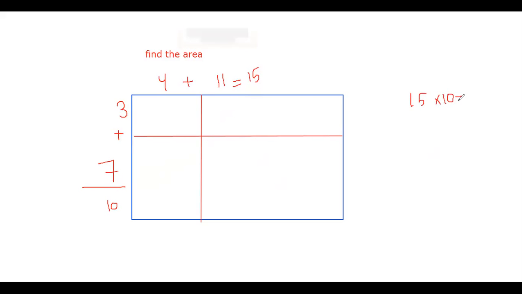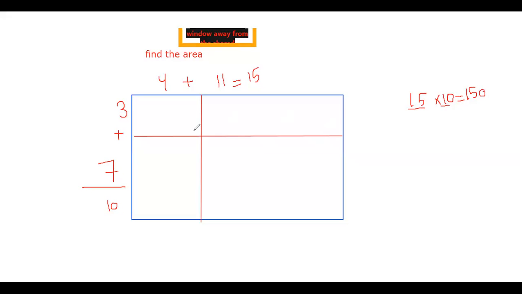And if you remember in the first lesson we said, if I need to multiply with the powers of 10, that is easy. Why? Because I can multiply 15 with 1. Now 15 times 1 is just 15. Then we have a 0 left. So it's 150.